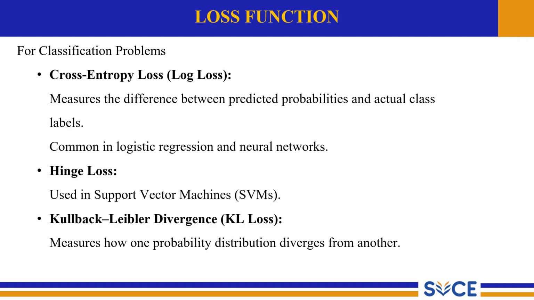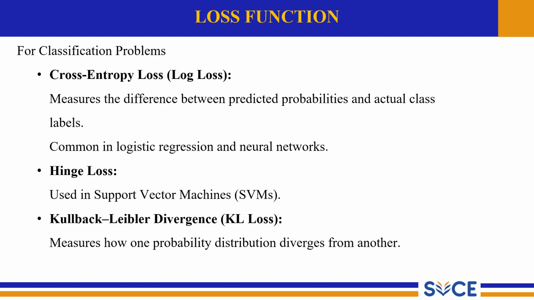For classification problems, the loss function measures how well the predicted class probabilities match the true class labels. Cross entropy, or log loss, measures the differences between predicted probabilities and the actual class labels. It strongly penalizes confident but wrong predictions and is commonly used in logistic regression and neural networks. Hinge loss is mainly used in support vector machines.